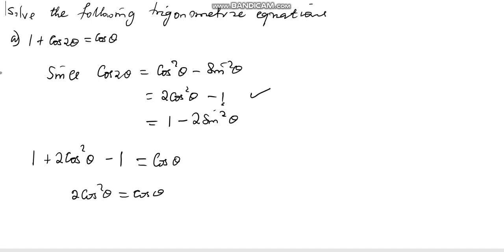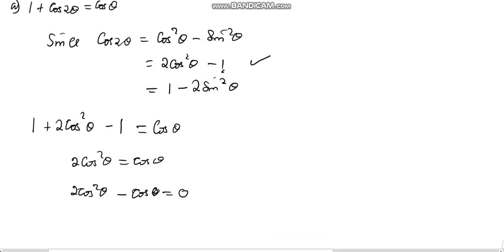Here we don't make the mistake of cancelling out the cos on both sides. Instead, we push the cos theta to the left hand side, then it becomes negative. So we have 2 cos squared theta minus cos theta equal to 0.